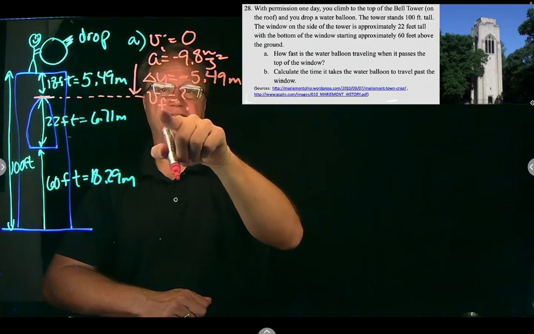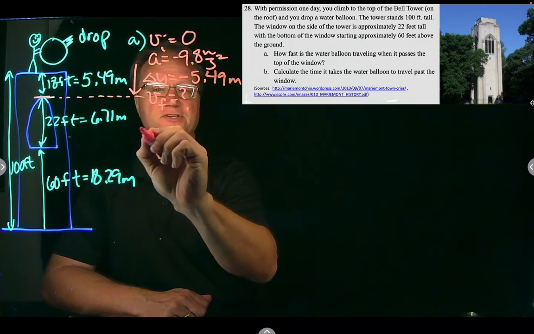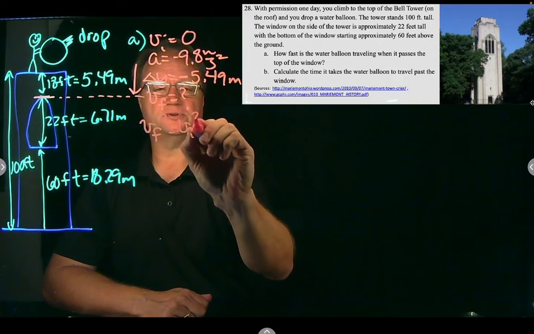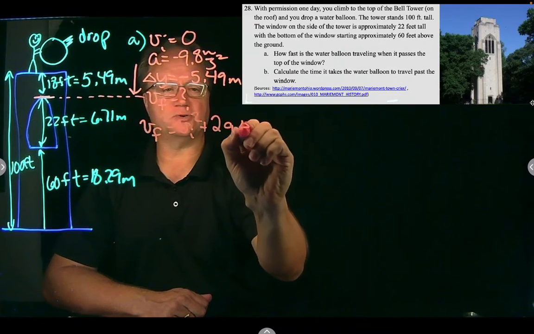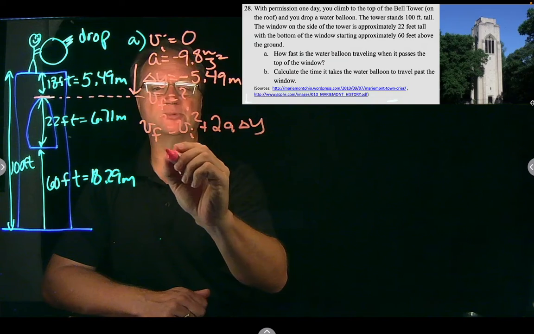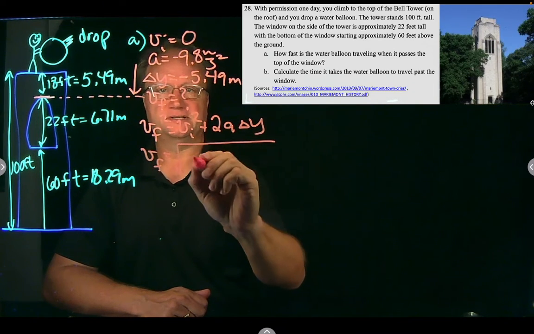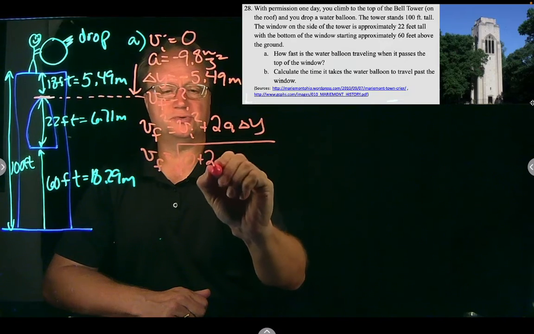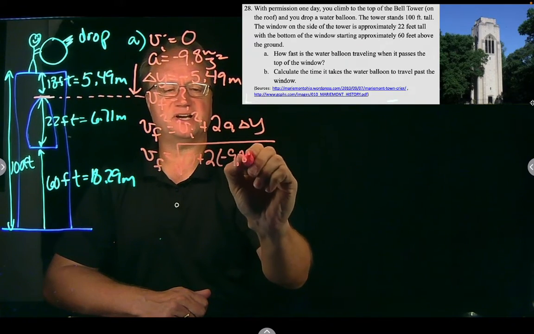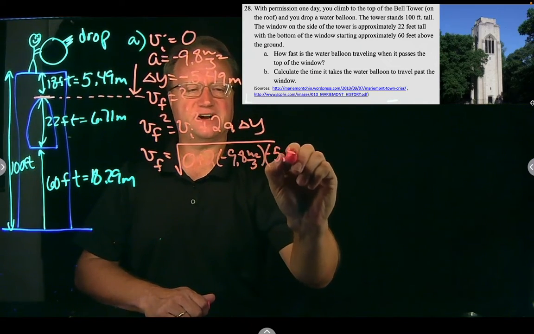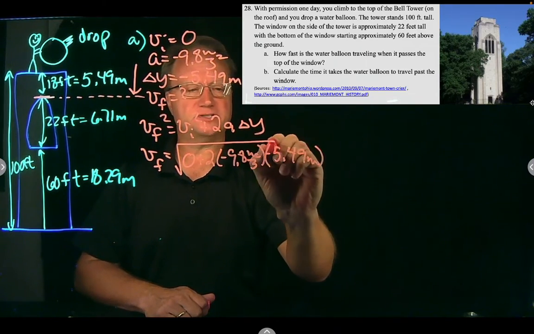To be able to solve down for your final velocity, we have enough to use the motion equation Vf squared is equal to Vi squared plus 2a delta y, and then plug our numbers in. So then Vf will be the square root of 0 plus 2 times a negative 9.8 times negative 5.49 meters.